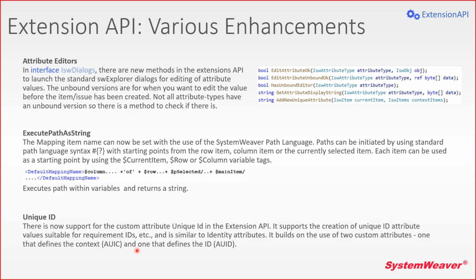And there's now support for a custom attribute that's called a unique ID in the extension API. It's similar to identity attribute, and it's built on the use of 2 custom attributes, one that defines a context and one that defines the ID. So those are all in the extension API now.